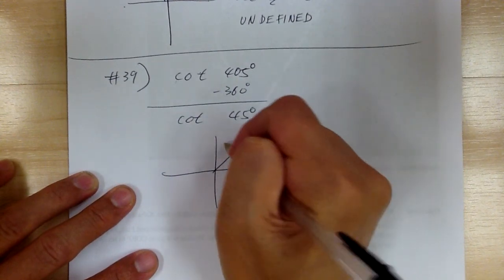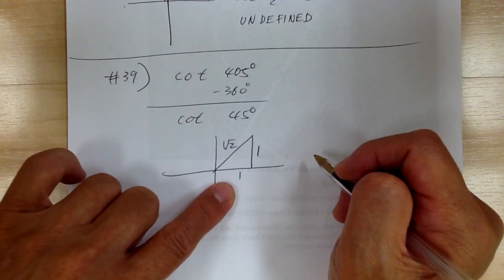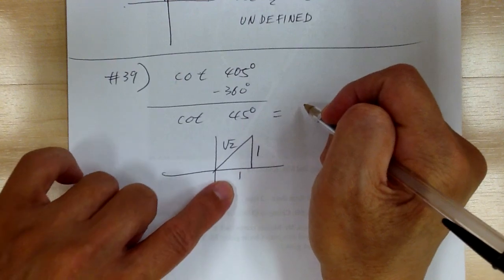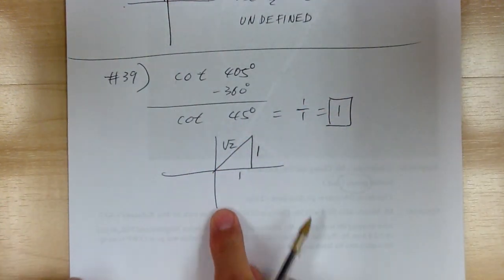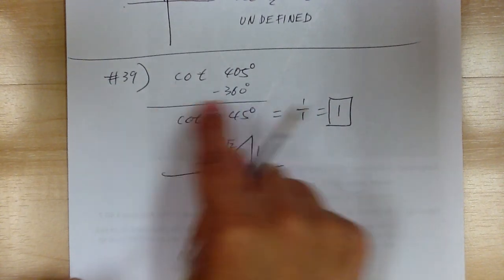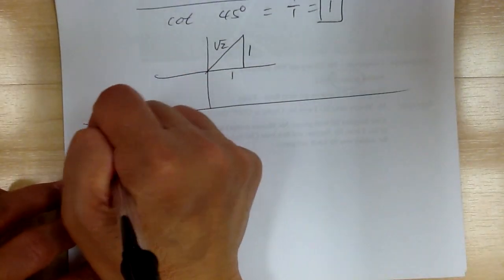You're going to get 1, square root of 2. Now cotangent is cosine over sine, so this is going to be equal to 1 over 1, which is equal to 1. So the key is to locate your angle so you can draw your triangle, label the 3 sides, and apply your function.